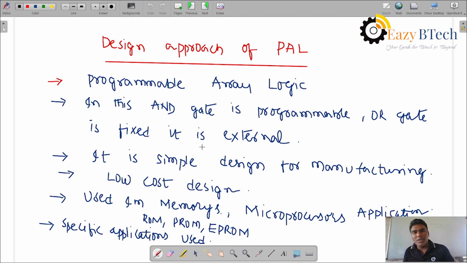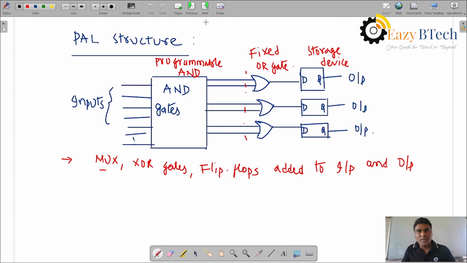It may be used in memories, microprocessors, for memory applications and microprocessor programming. Programming languages are stored in this, and it is used for specific applications.